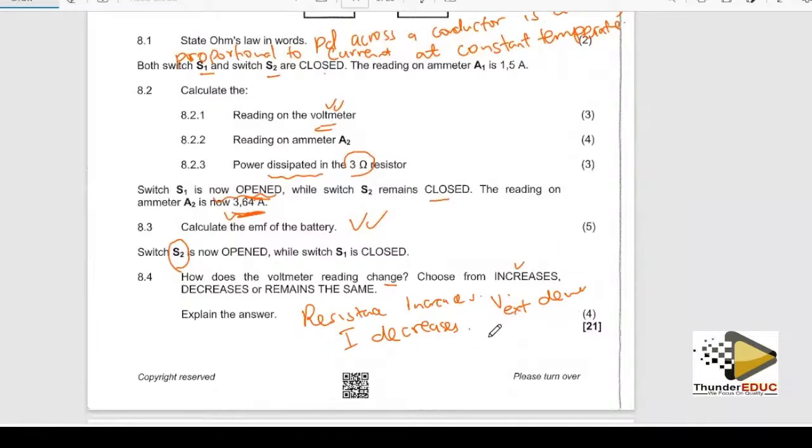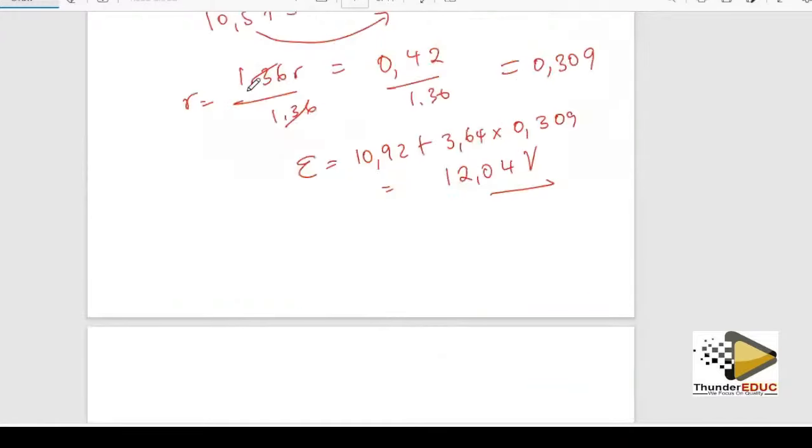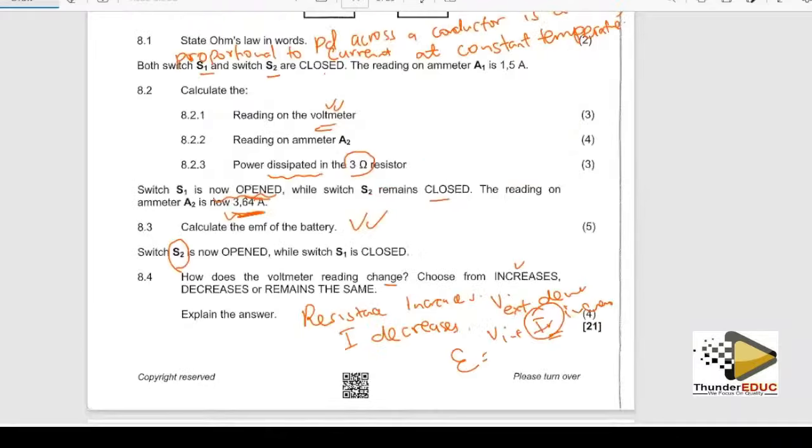But then the V internal, which means the Ir, must increase to make sure that the EMF is maintained. So if the internal voltage increases, which means even the voltmeter reading is going to increase. Since remember, the voltmeter is connected across the battery source.